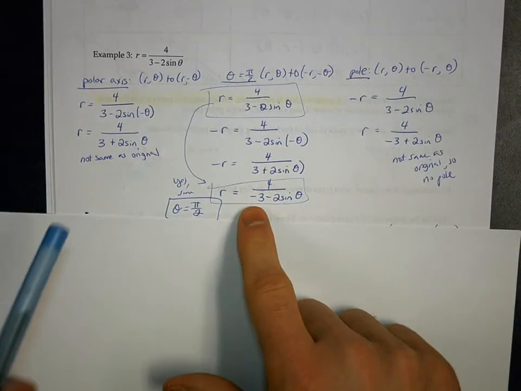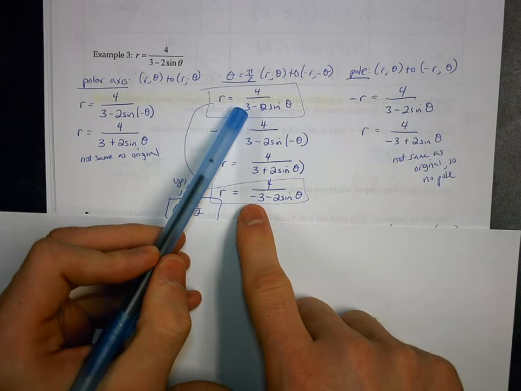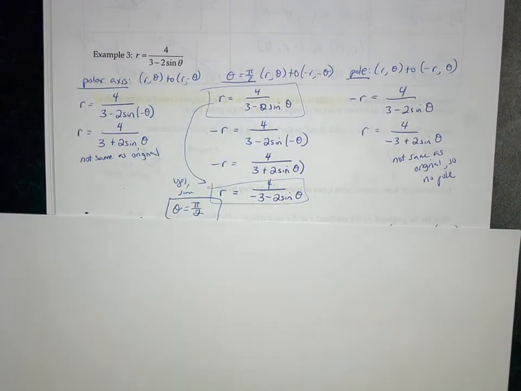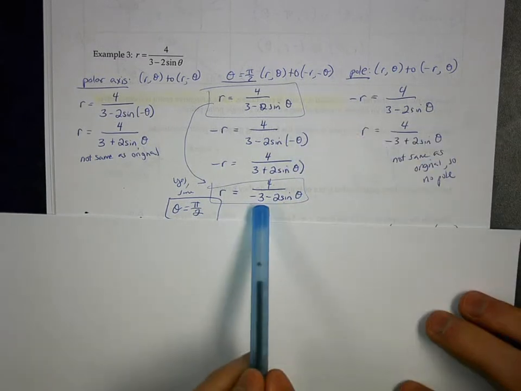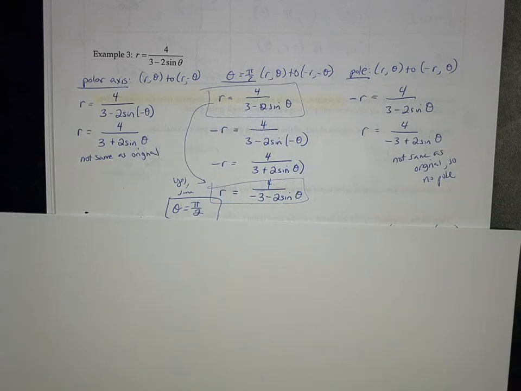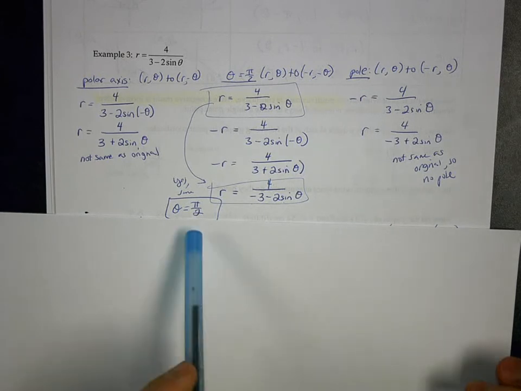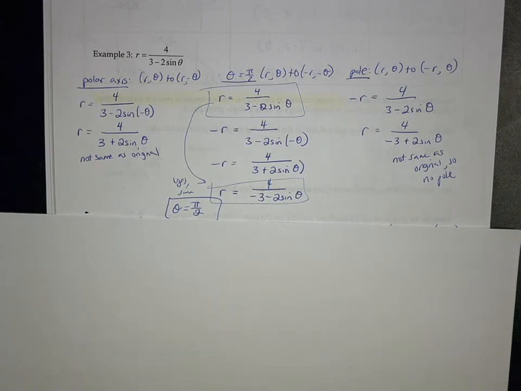And the only other difference is I've got this 3 and the negative 3. That's the situation where I'm going to get the exact same graph, but if I graph them, they're going to start and end in different spots. So these two graphs are identical, even though they don't look like it because of the extra minus sign right there. But since that minus sign is only on that one piece, that's just going to change the direction of the graph. So yes, I do have theta equals pi over 2 symmetry.